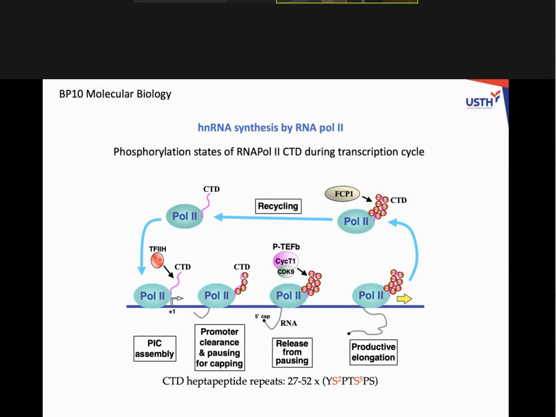So this TFIIH has a double function, which is extremely important. First, it is able to phosphorylate the pol2, so the polymerase will be active. But in order to do the transcription, the polymerase needs to have the two strands of DNA open, and this is done by the helicase activity.